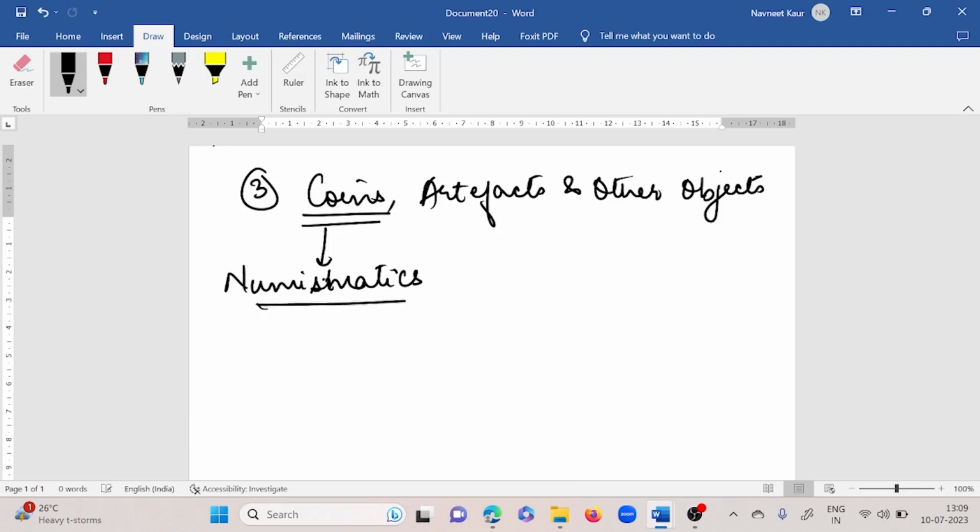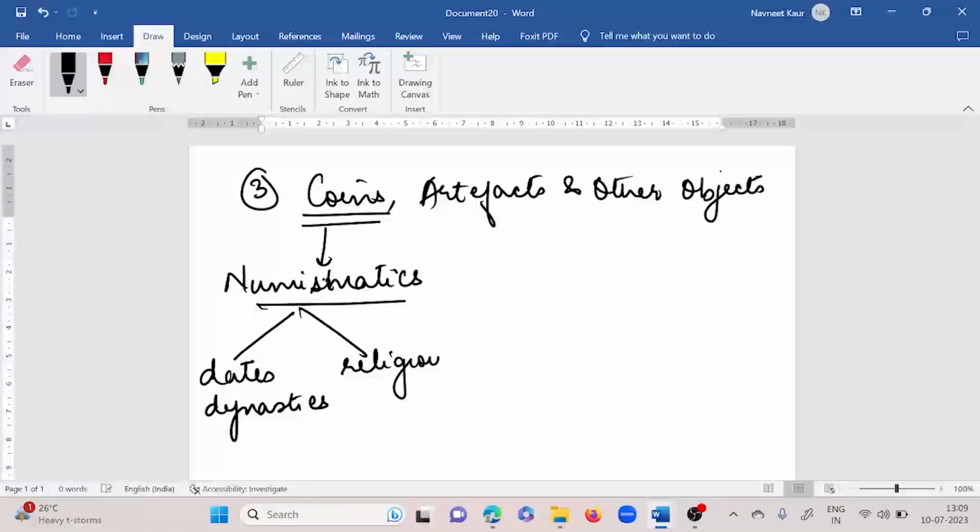And why do we study that? Because they help us in determining the dates of several dynasties. They also tell us about the religious and cultural practices of the people who issued them, and they also provide information on the kinds of metals that were prevalent at that time, right? So this was about coins.